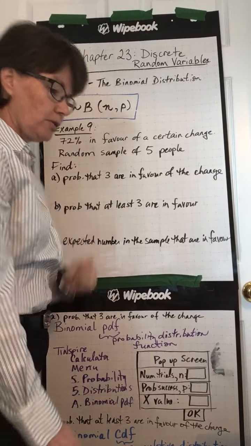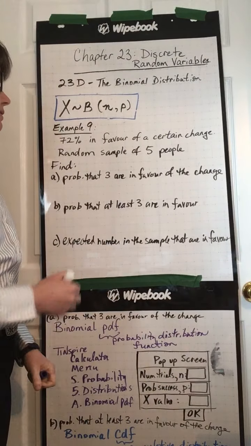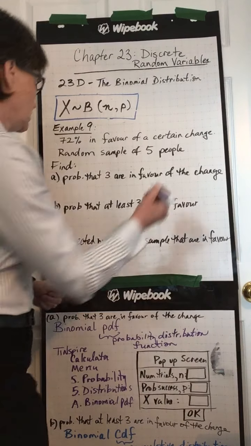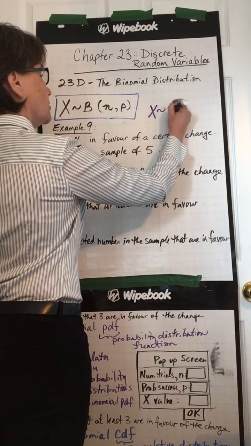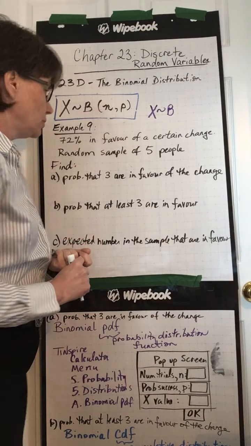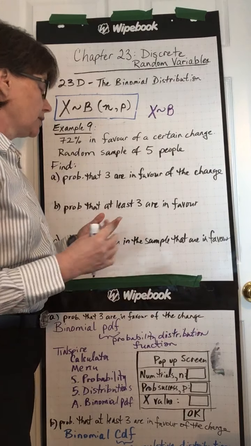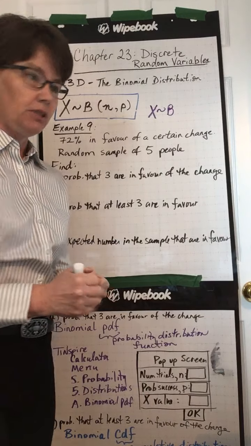Distributed binomially means we could actually write this entire situation out. So let's start first of all. In this example, X is distributed binomially. The thing that's happening we need to determine, and the thing we're looking for, the probability of success, is that they are in favor of the change.